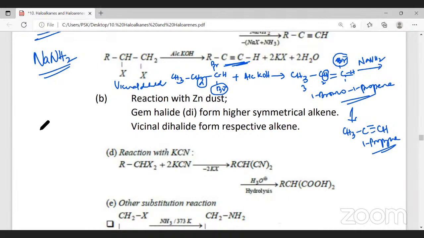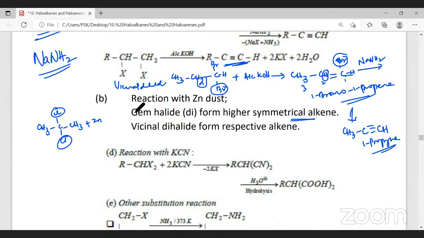For example, if you take a geminal dihalide, CH3, C, Cl, Cl, CH3, and this is heated with zinc dust, what happens? Zinc dust, a higher symmetrical alkene is formed. So chlorine gets eliminated. No, this is not going to happen. I don't know why an alkene is formed here.